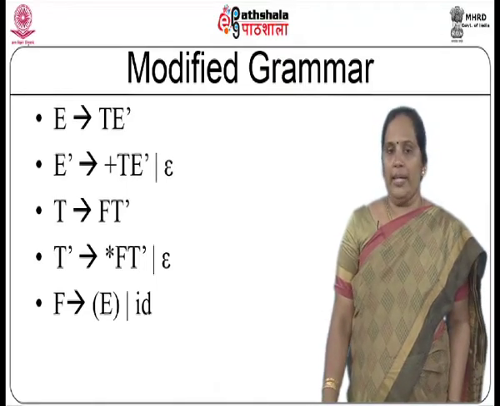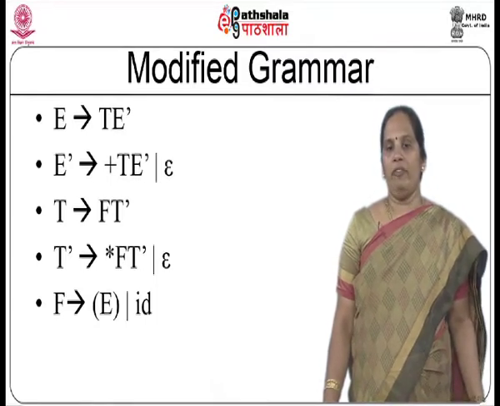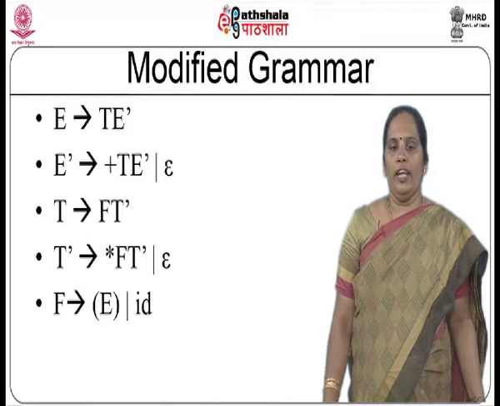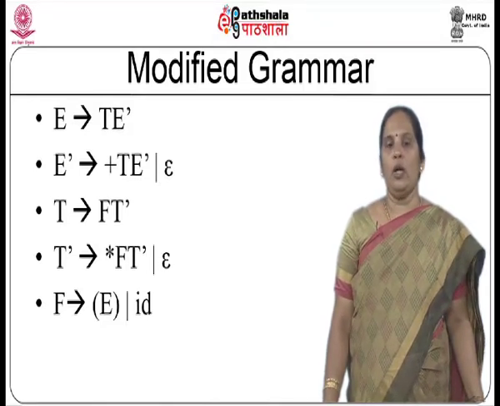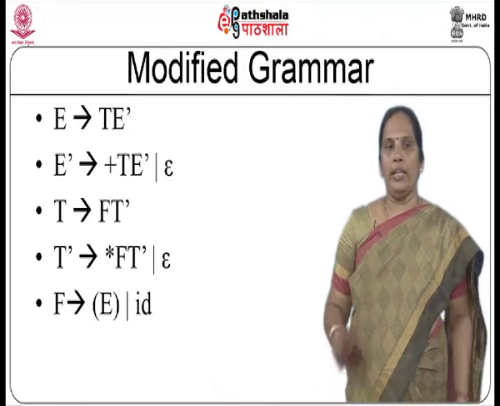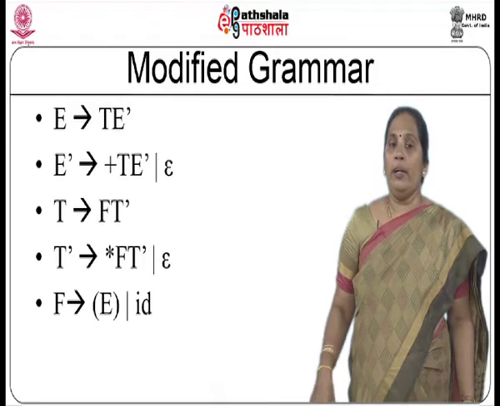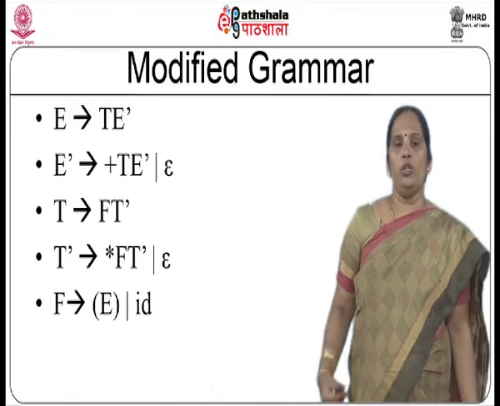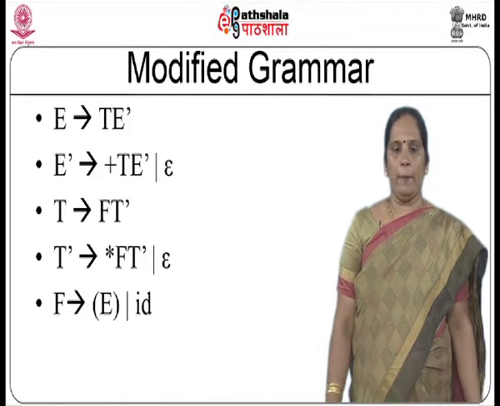And here similarly T produces F T dash, and T dash produces star F T dash or epsilon, and F produces parenthesis E close parenthesis or ID, that remains as it is. Only E and T have left recursive productions, therefore I eliminate left recursion by introducing two non-terminals, E dash and T dash, correspondingly for E and T respectively.